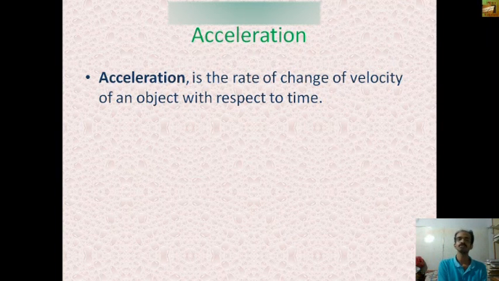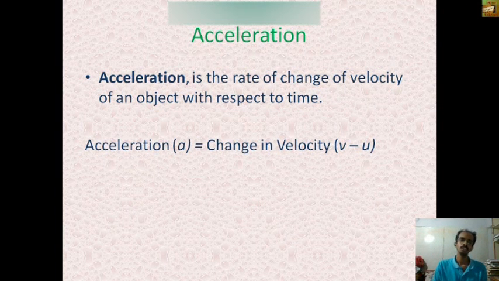For example, if a body is dropped from a very high building, it is accelerated by 9.8 meters per second squared approximately, which is the acceleration due to gravity as it falls towards the ground.